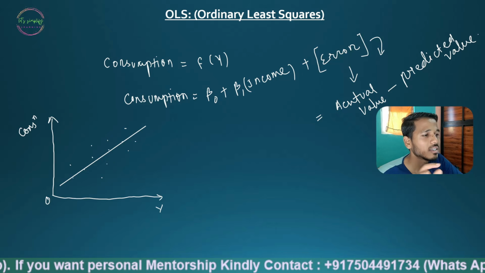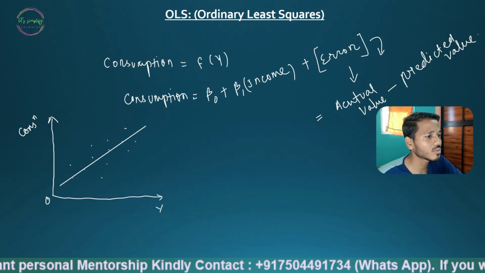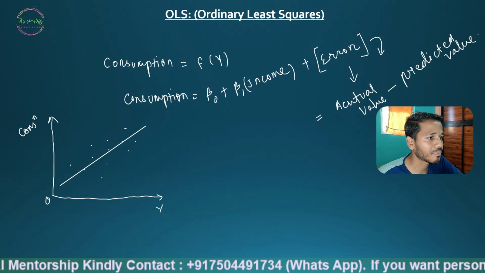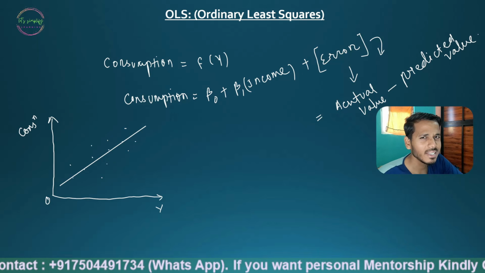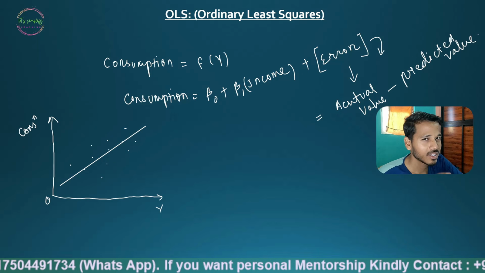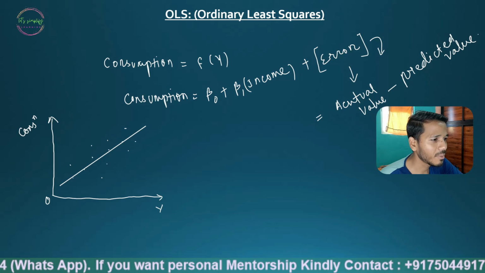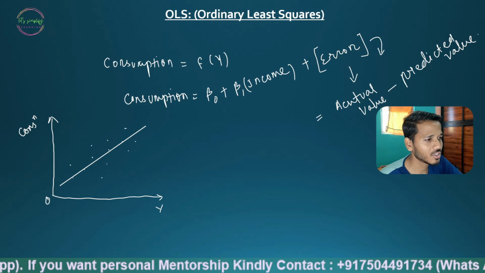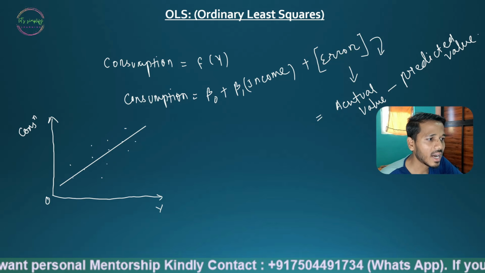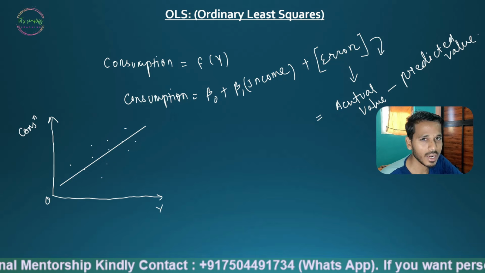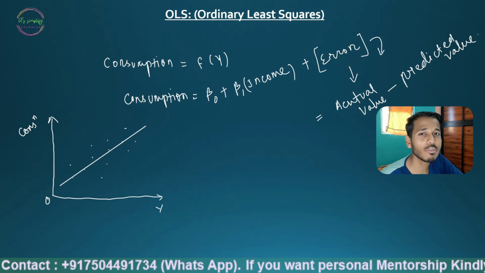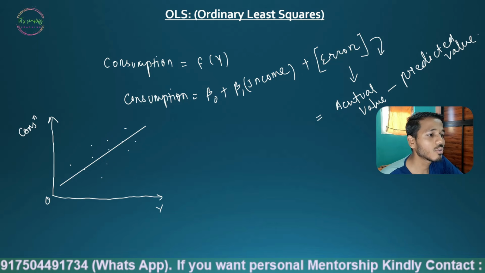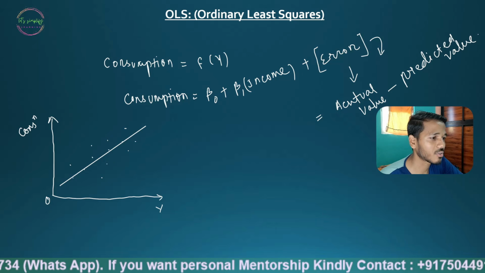Then you must ask the question, why squared? The answer is to avoid positive and negative cancellation and to penalize large errors. If there are more errors, we have to penalize it, meaning the squared value will be large. This is the core idea of ordinary least squares.